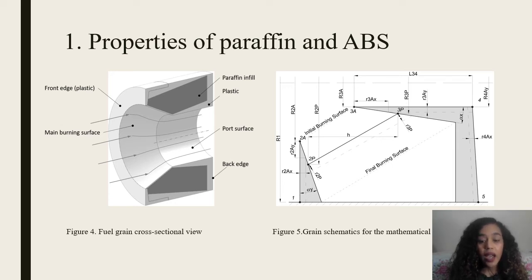In such a way, a plastic surface is programmed to sustain a certain amount of time at each specific point, opening the highly regressive paraffin, shown by a dark gray color on Figure 4, the surface to the fire at a particular time moment. And Figure 5 shows grain schematics for the mathematical modeling used in this research.